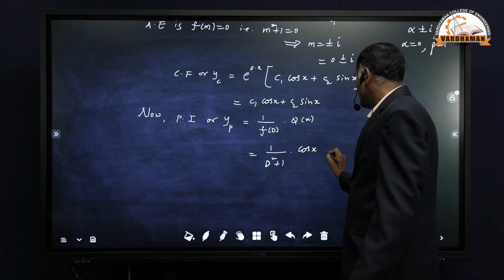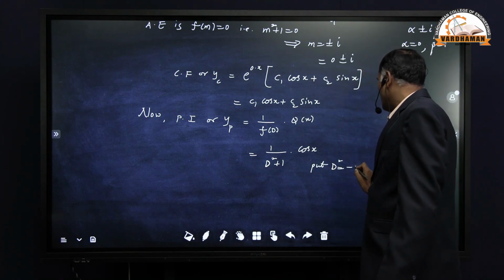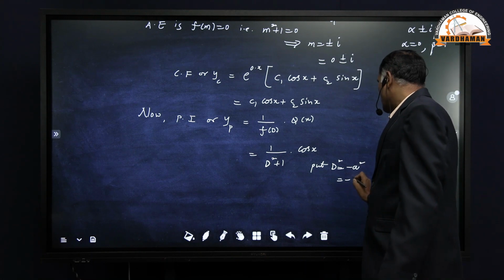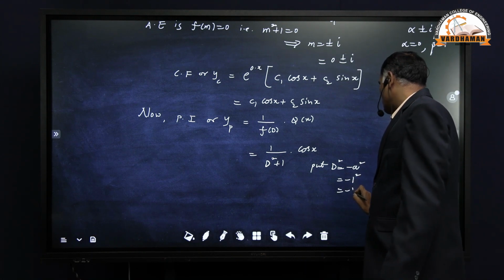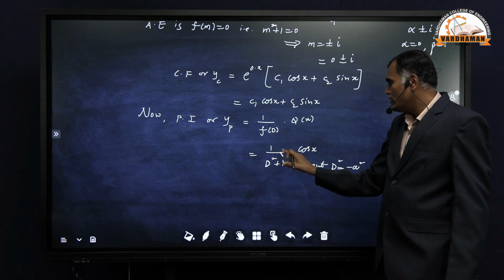The method says put D² equals minus a², that is minus 1² that is minus 1. By writing D² equals minus 1 in the denominator, this denominator becomes 0.